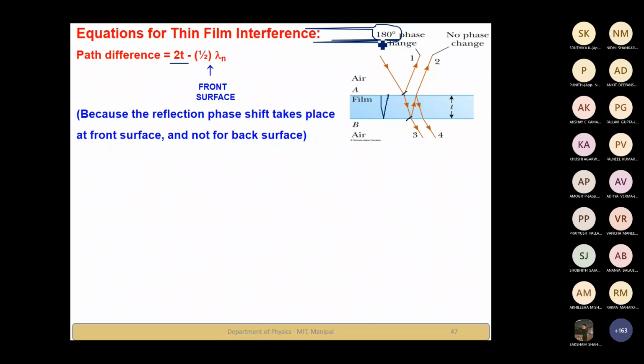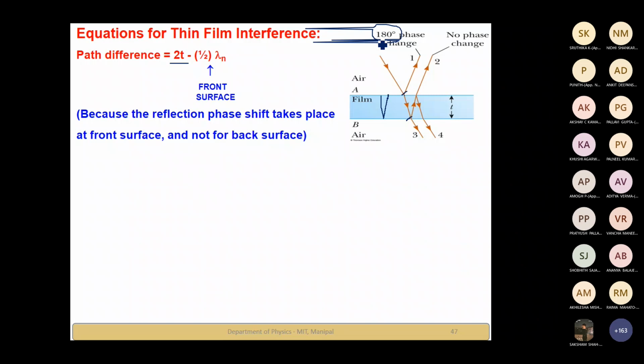That is 2 times the thickness, because compared to ray 1, ray 2 has to travel twice in the film. Ray 1 does not travel in the film, right? It gets reflected on the top surface, whereas ray 2 travels twice in the film of thickness T and refractive index n. So write 2nt, that is the optical path difference.